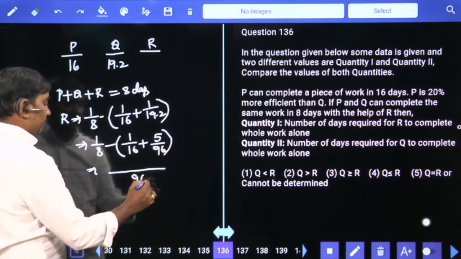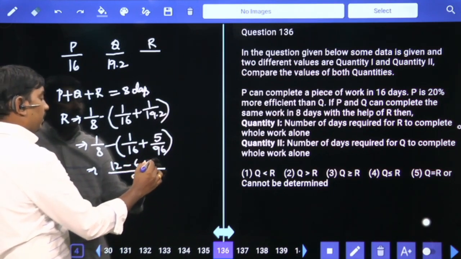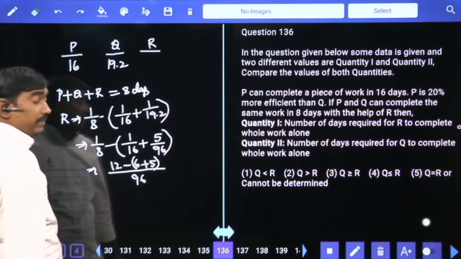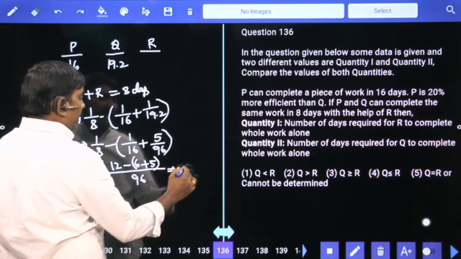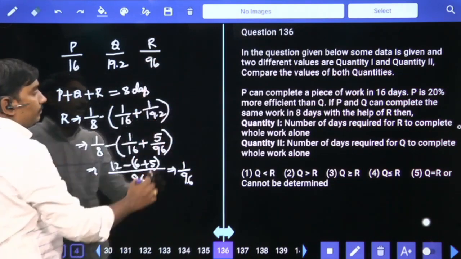LCM 96: 8 12 times, 16 6 times, plus 5 times. 6 plus 5 is 11, 12 minus 11, 1 by 96. So R can do the work in 96 days.